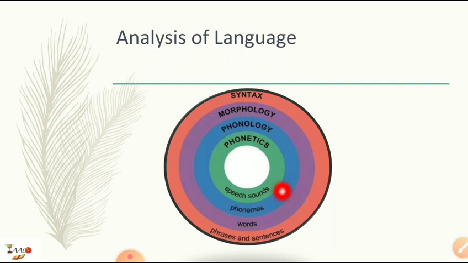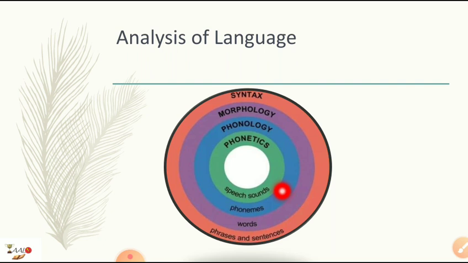So we don't take phonetics as such in the analysis of language, but it starts with phonology, which means it starts with the arrangement of phonemes, like p, t. They combine together, the speech sounds p, t combine together to form pat. So we'll be analyzing the combination of speech sounds in phonology.